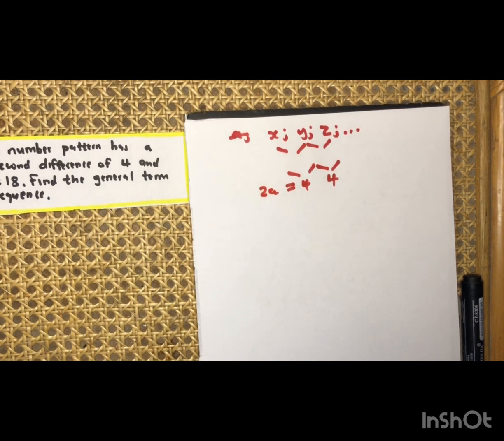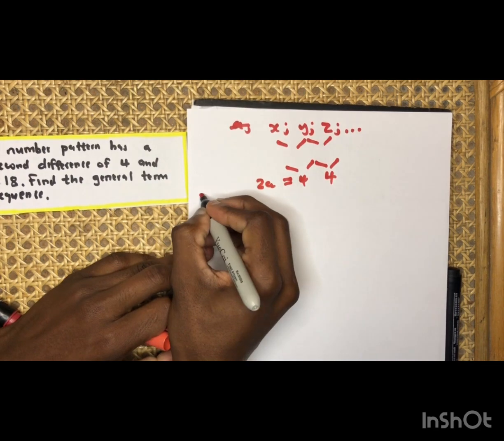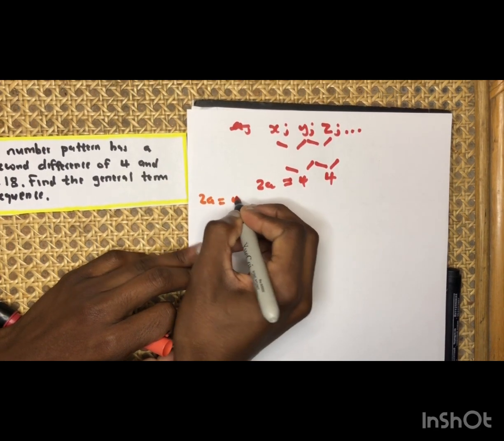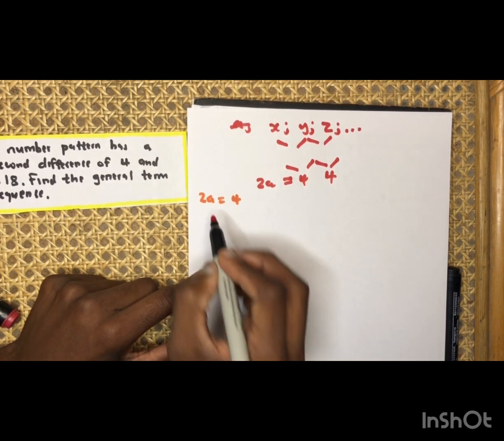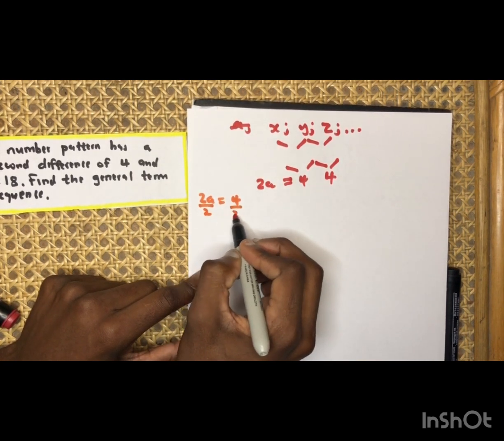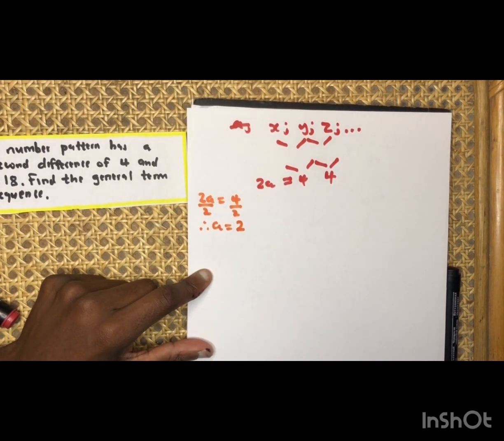So now it's easy. I'm going to say 2a equals 4. What must I do in order for me to get a? I need to divide both sides by 2. So therefore my a is equal to 2 in this case, guys.